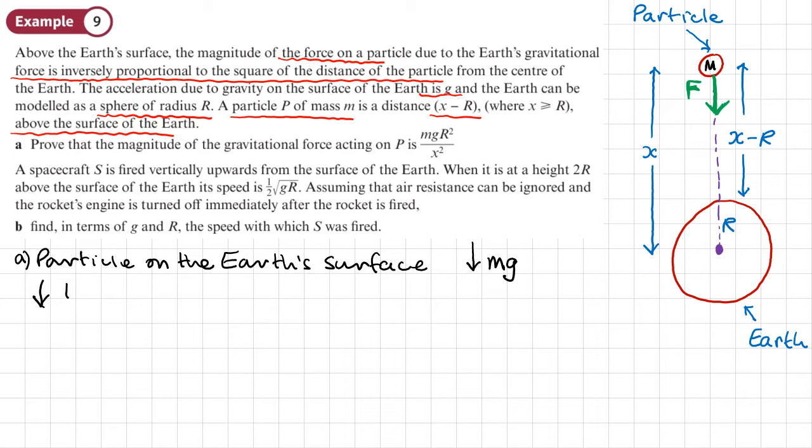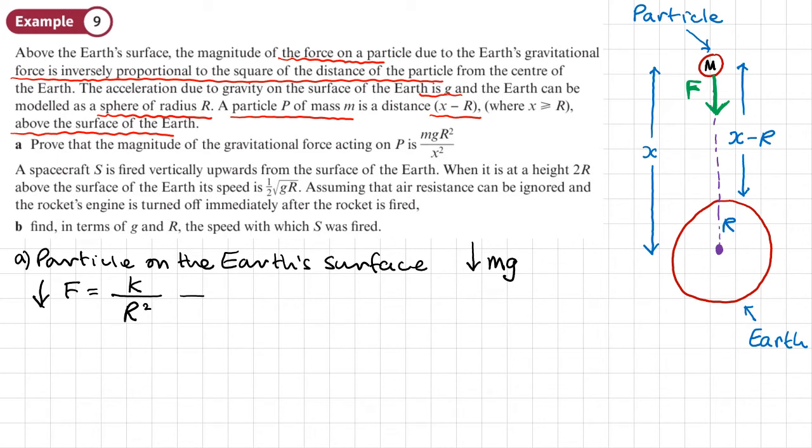So we'll put F is equal to k over the square of the distance between the particle and the centre of the Earth. The distance between the particle and the centre of the Earth here is x, so k over x squared. But because this particle is on the Earth's surface, this will be r squared.